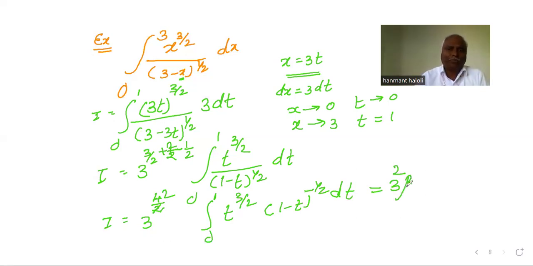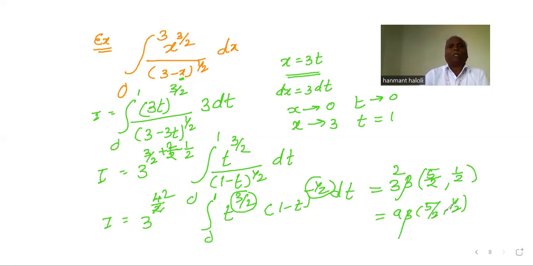The power of t you add 1 to, which gives 5 by 2, and the power of (1 minus t) you add 1 to, which gives 1 by 2. So beta of 5 by 2 and 1 by 2. Then you get 9 into beta of 5 by 2 and 1 by 2.